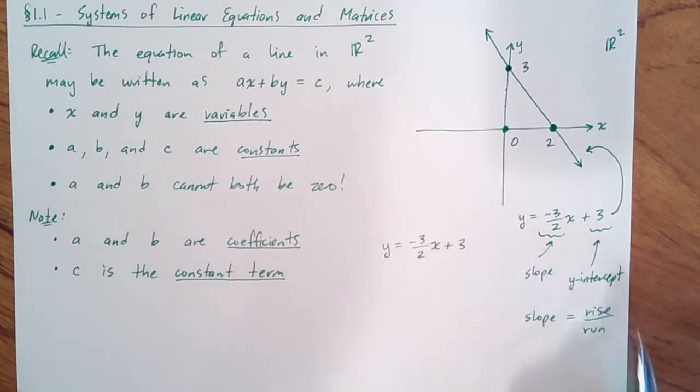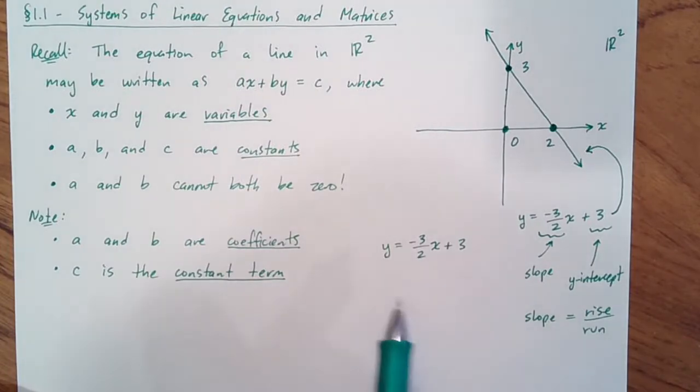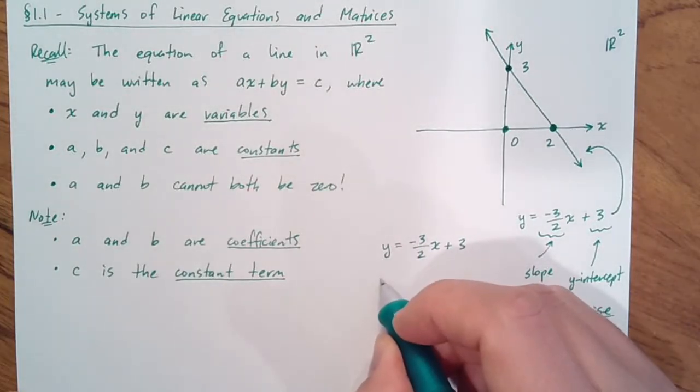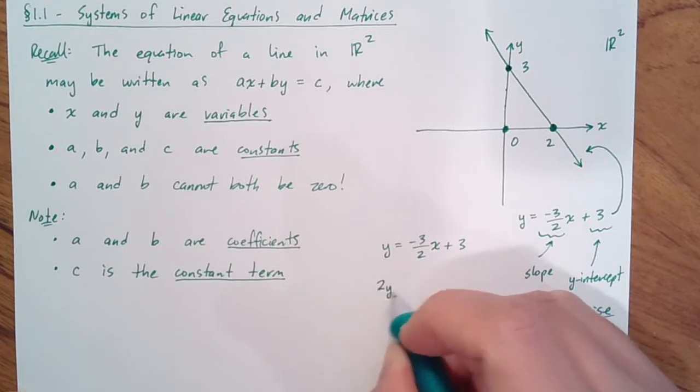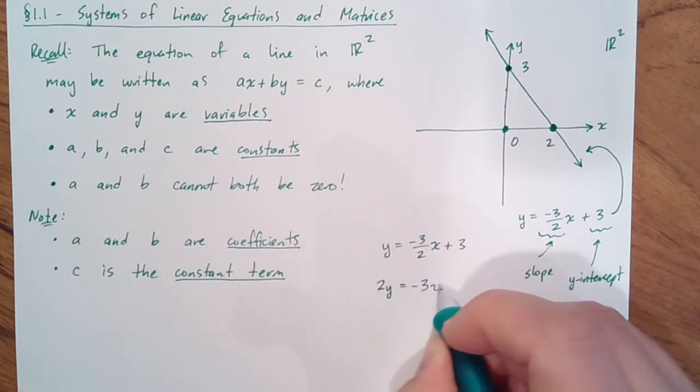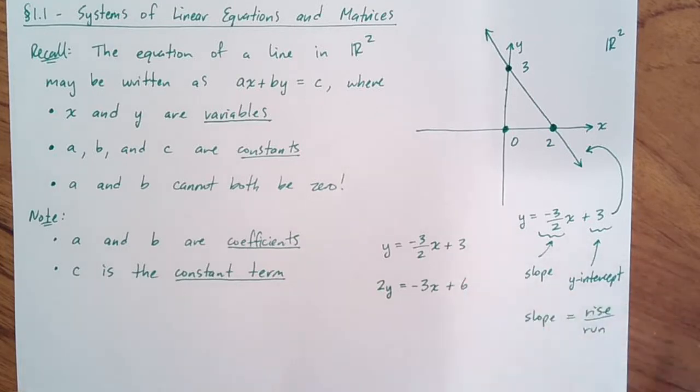I'm just going to make another copy of the line. I could start by multiplying the entire equation by 2, like multiply the left and the right hand sides both by 2. And what I would get is 2y is equal to -3x plus 6. And then now what?